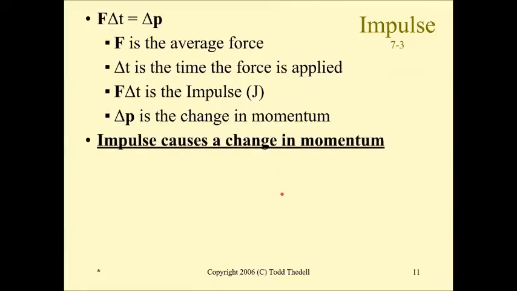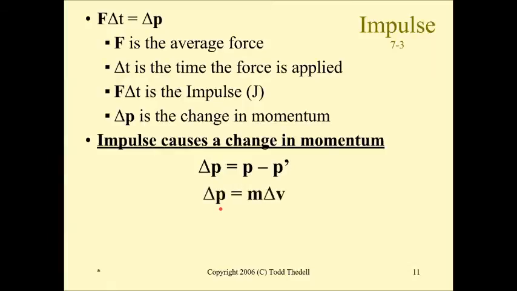The impulse can cause the change in momentum. So a change in momentum is either the difference in the final momentum to the initial momentum. So we can subtract momenta in order to get the change in momenta. That's one way.